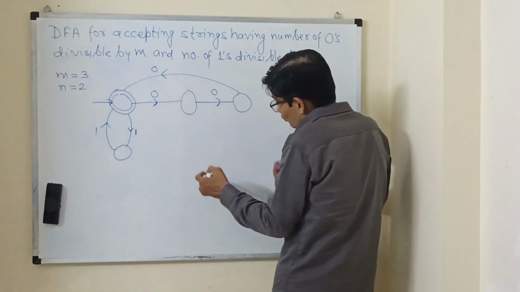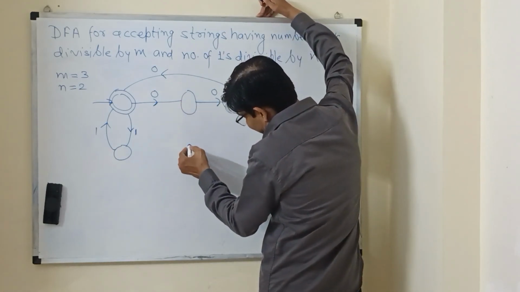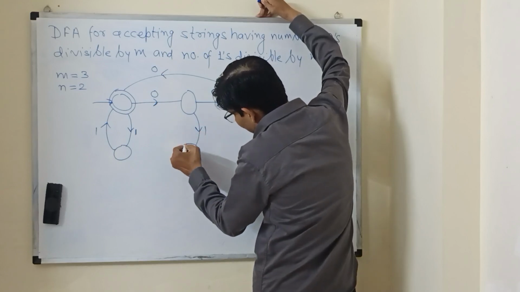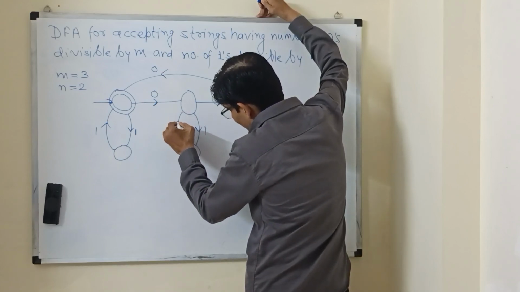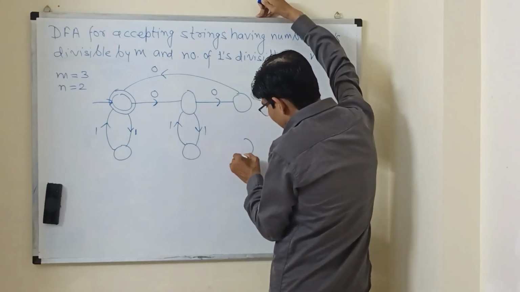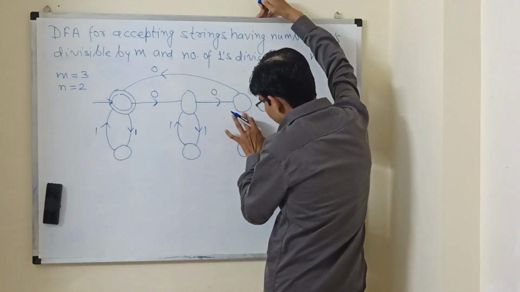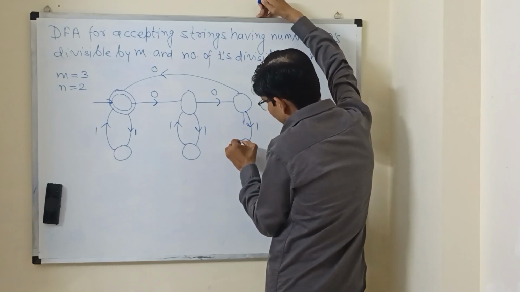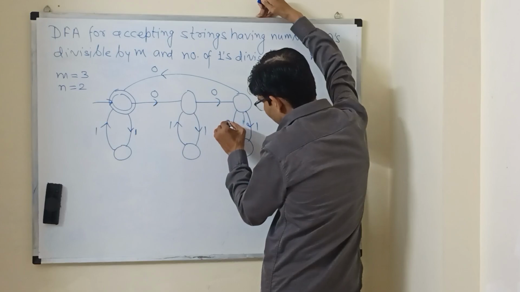So we can extend all these states here like this. So I can write 1, and I can write like this 1, and I can have this also like this 1, and like this 1.